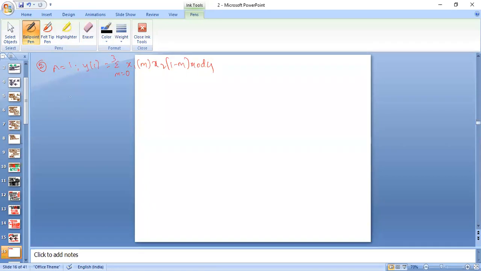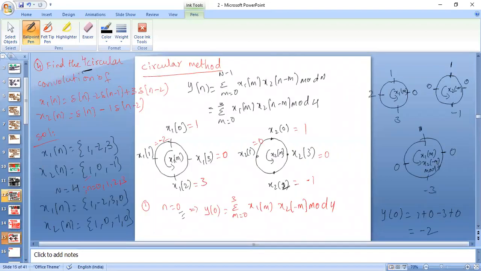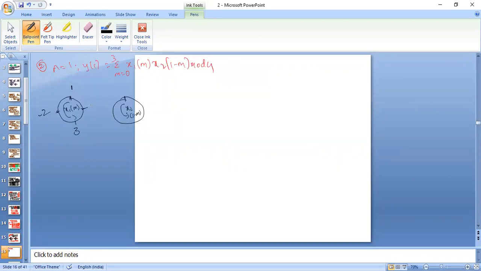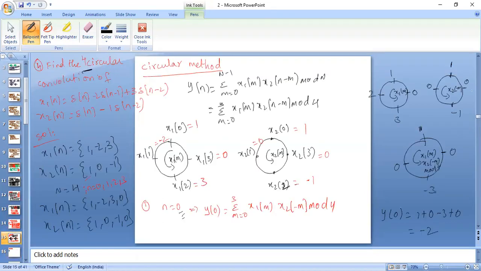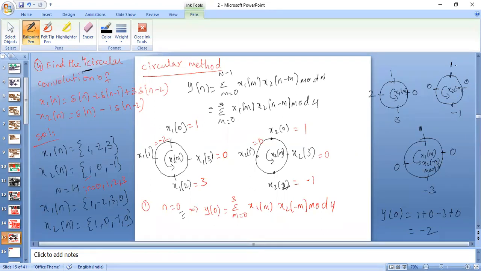This is x1 of m and this is x2 of 1 minus m. x1 of m is 1 minus 2 3 0, and x2 of 1 minus m means x2 of minus m is shifted towards right by 1 unit of time.